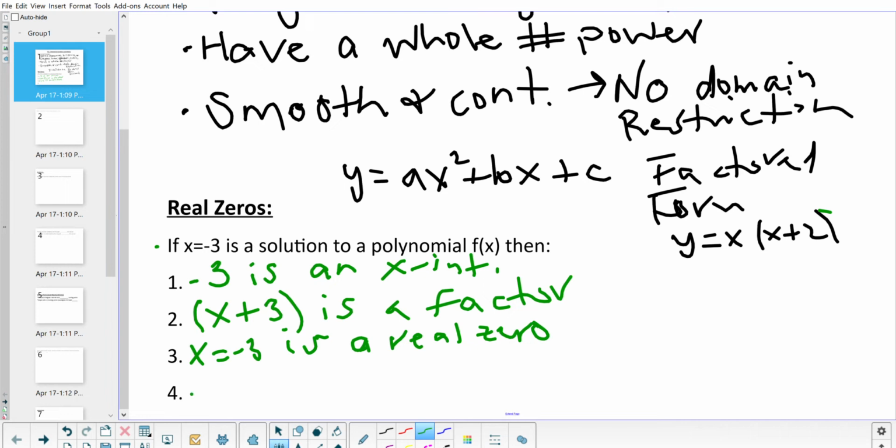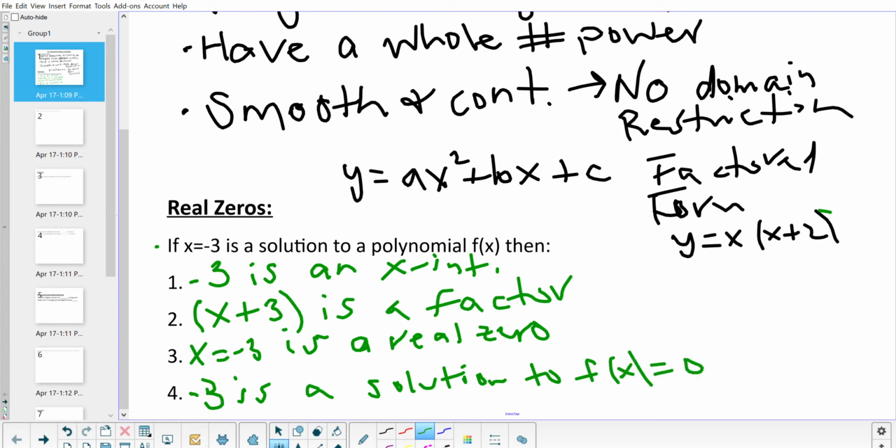So -3, it's really bad today, -3 is a solution to f of x, the polynomial, being set equal to 0. Okay, so those are some facts we know if we know that -3 is a solution to a polynomial.